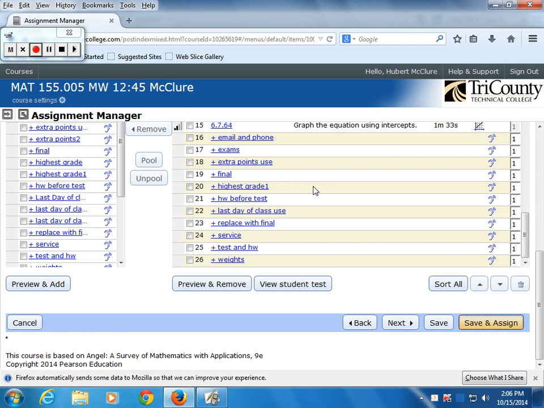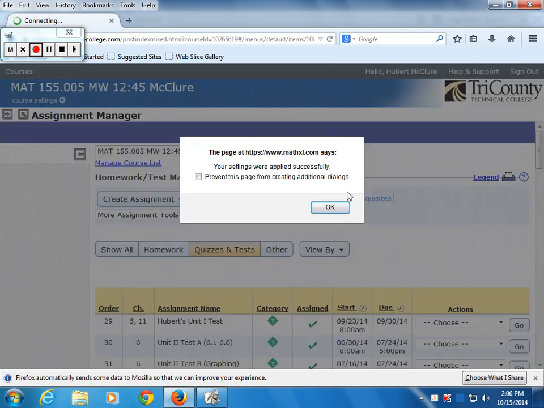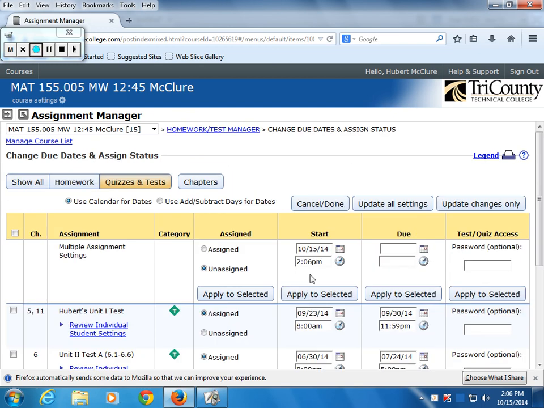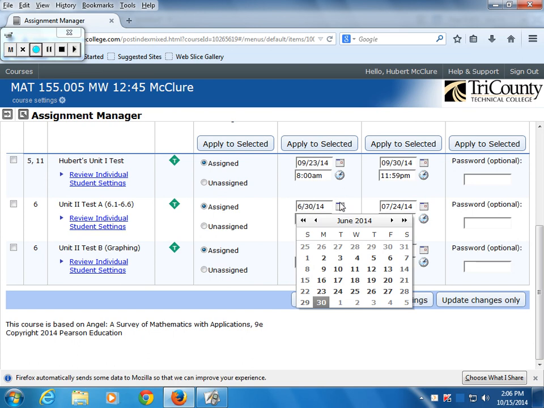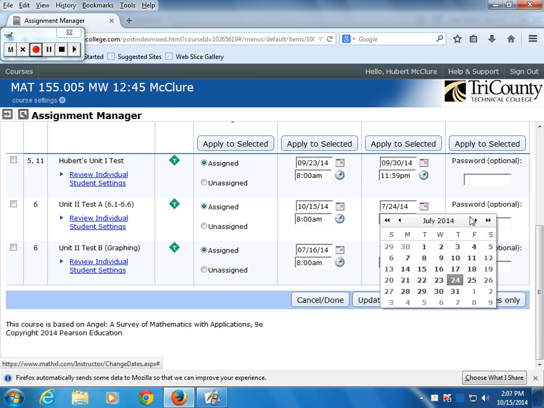And then we'll look at the homework and give y'all something to complain about, and dead grandmothers and all that stuff that's going to happen between now and then. So we'll go ahead and do this first. Change dates, and we will make Unit 2. Let's see, today is what? October 15th. We'll make it 1 week. October 22nd.